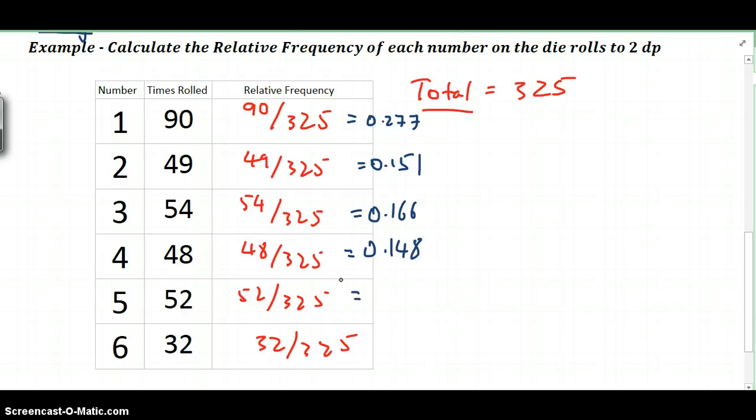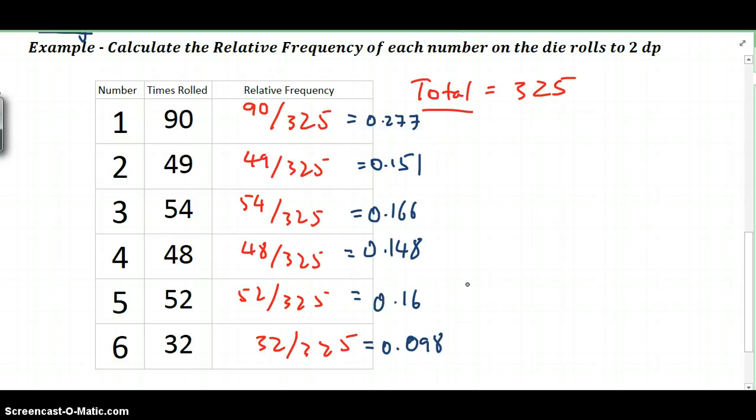Next one, 52 divided by 325, we get 0.16. And for the last one, 32 divided by 325, we get 0.098, sorry.